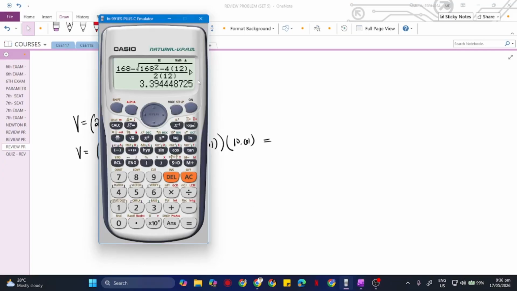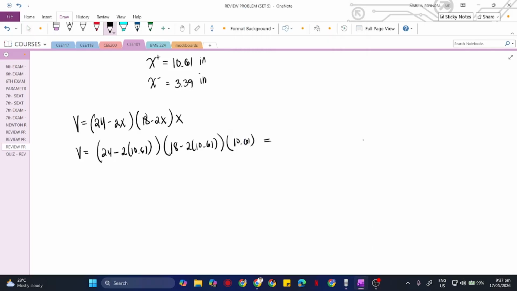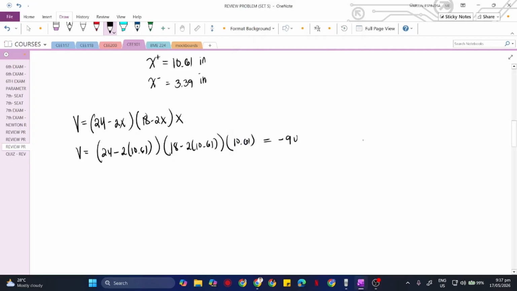Let me just put it here: 18 minus 2x, then 24 minus 2x, and that is to be multiplied by x. Now let us say our x value is 10.61, and that would give us a negative volume, which is obviously not a maximum.